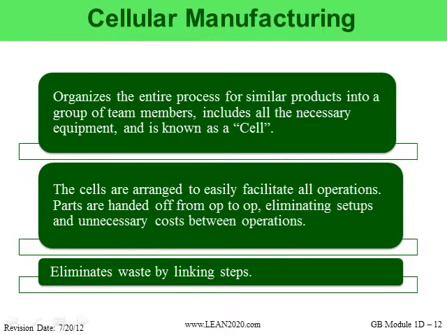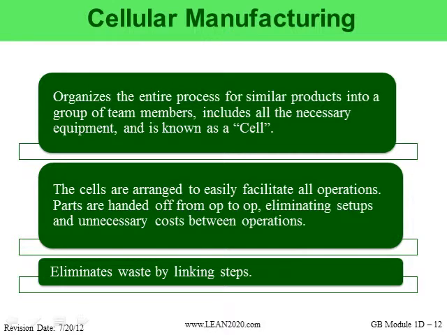So when we organize our cells or our departments into a more structured work area, what we're basically doing is combining operators with equipment and workstations and considering how the product actually moves from one area to another.